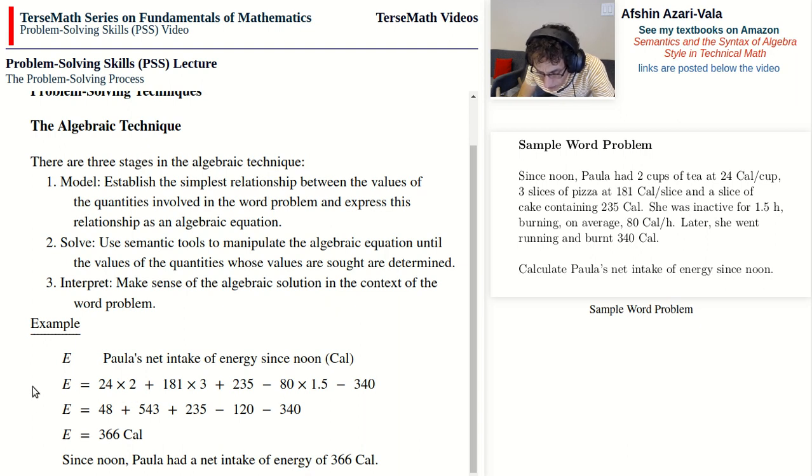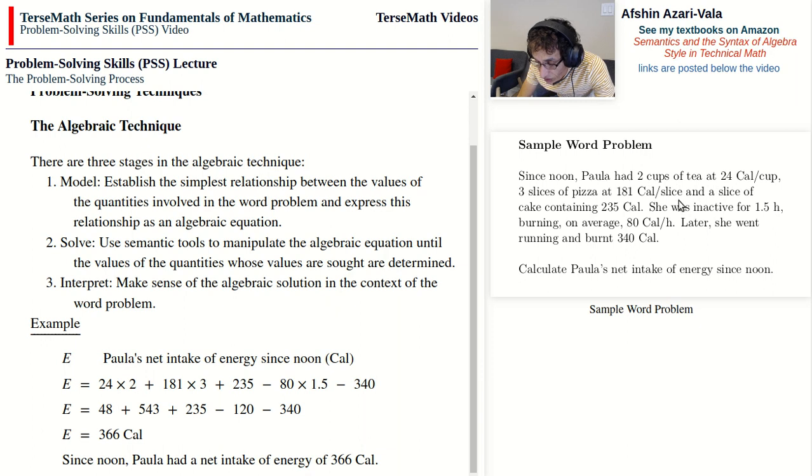One last comment. This is a comment on style. It's always a good idea to write your model down by putting the numbers down in the same order, if possible, that's given in the body of the word problem. So you see that 24 and 2, these relate to the cups of tea, the energy content of the cup of tea.